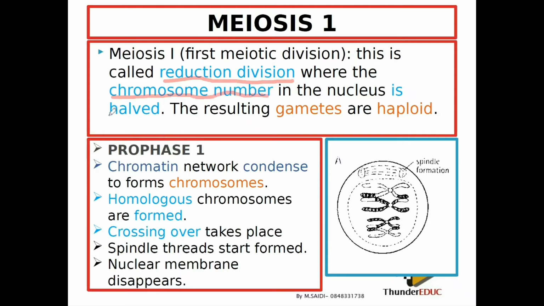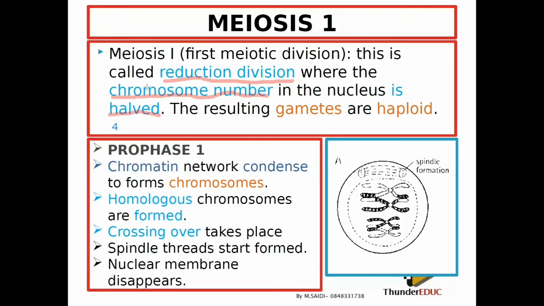Okay, that means if at the start of meiosis you are having four chromosomes, then what will happen at the end of meiosis? We said this is halving, right?